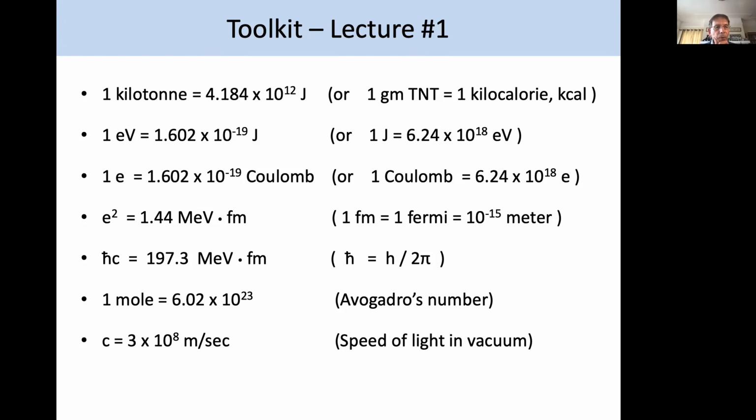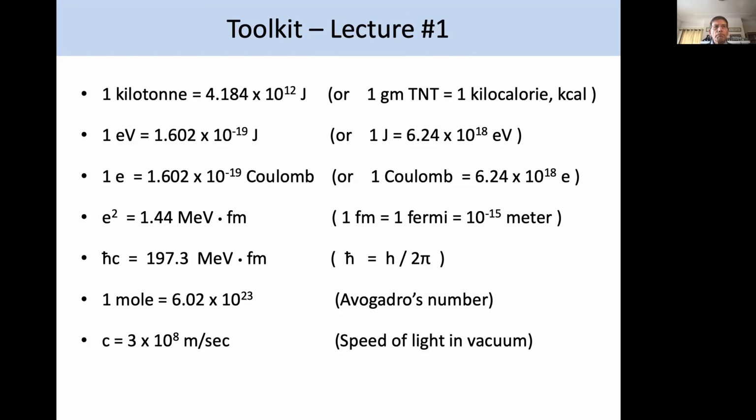Okay, so today, what I want to first do is a little bit of overlap with what we did last time, just to reinforce a few of the basic ideas. I'm pretty sure I know exactly where we stopped, and then we'll go forward from there. So as always, at the end of each lecture, I try to leave a toolkit of a few important numbers that you should emblazon on your forehead, just a few of them that are useful in doing simple calculations.